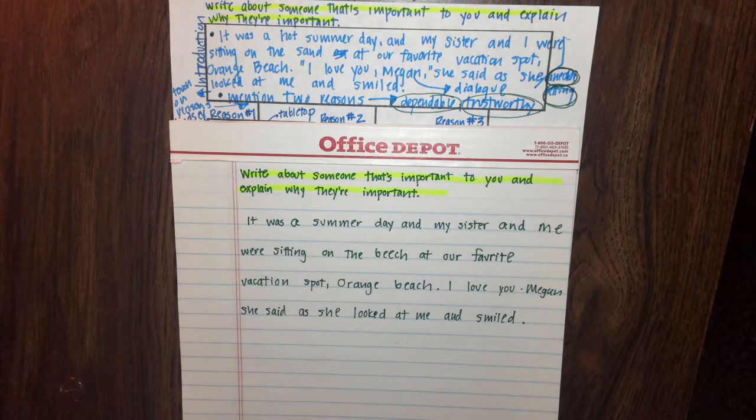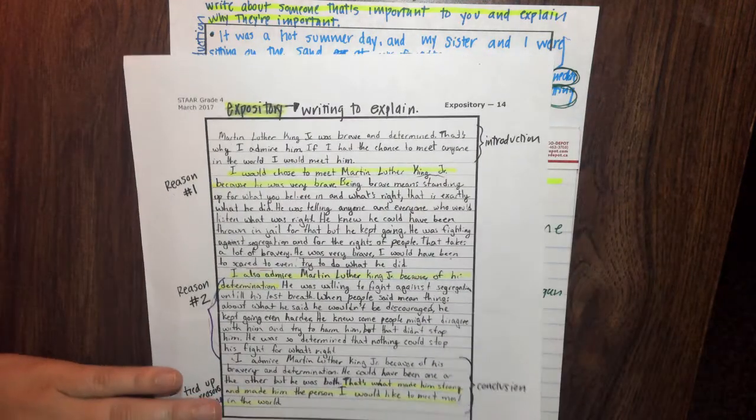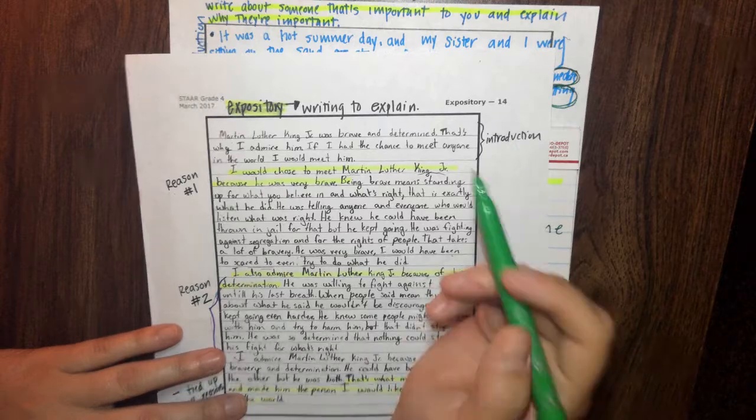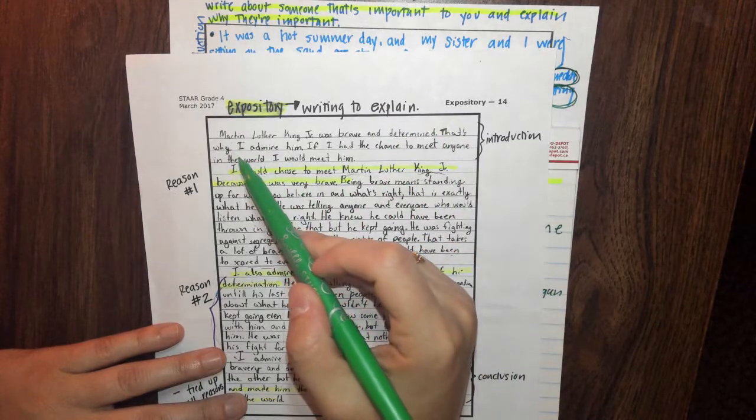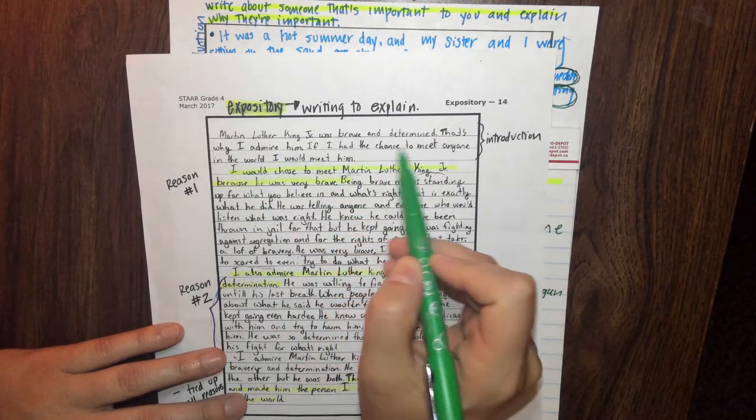Okay, so now before I move on, I want to look at my mentor text. And in my mentor text, it says Martin Luther King Jr. was brave and determined.